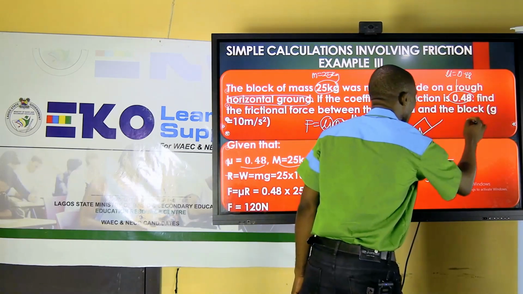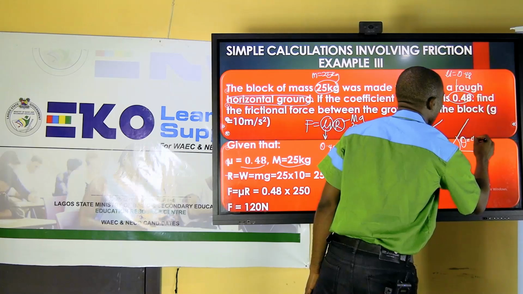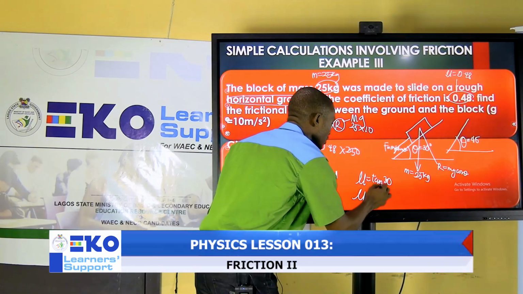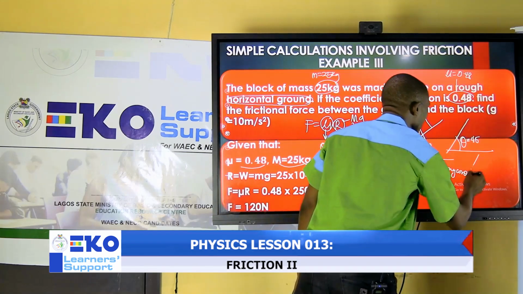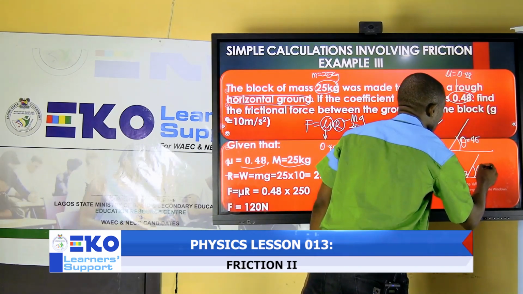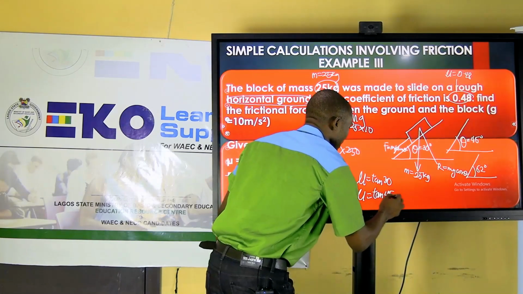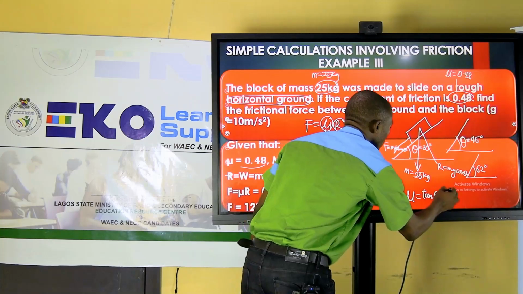If the angle of inclination is 45, nu equals tan 45. If the angle is 62 degrees, nu equals tan 62 degrees.